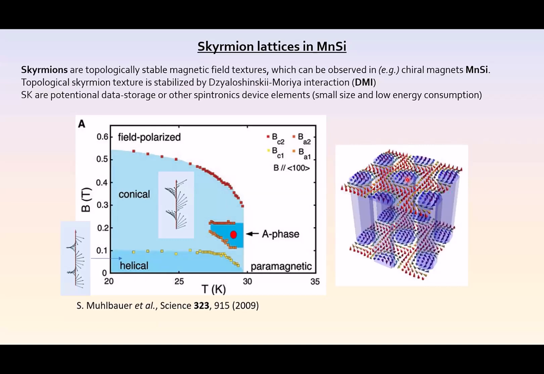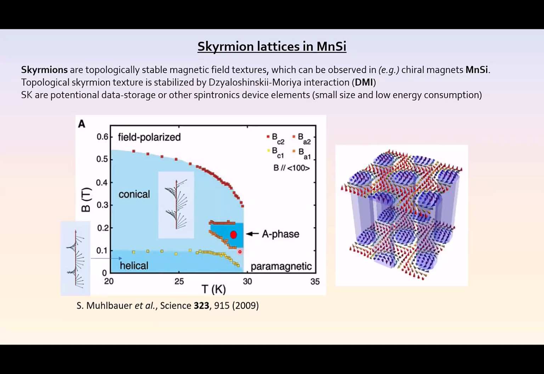For example, on this phase diagram, when you cool down below roughly 29 Kelvin, at upper field there is a conical orientation of magnetic spins, and helical.